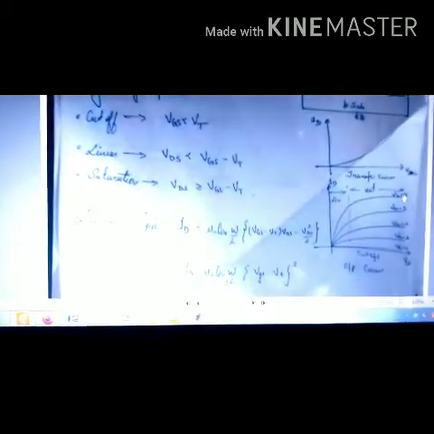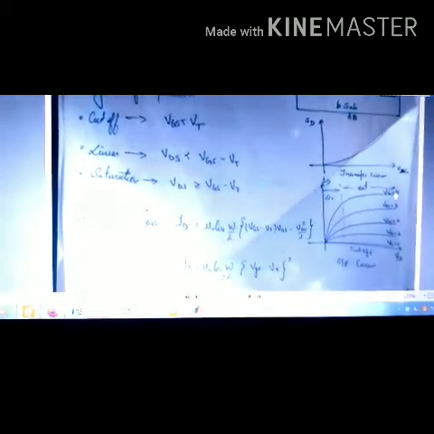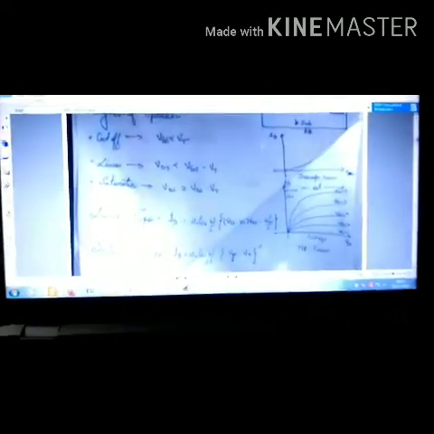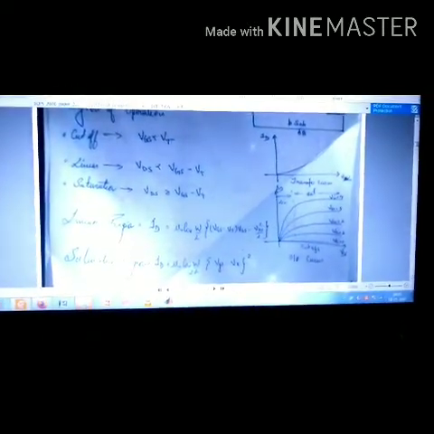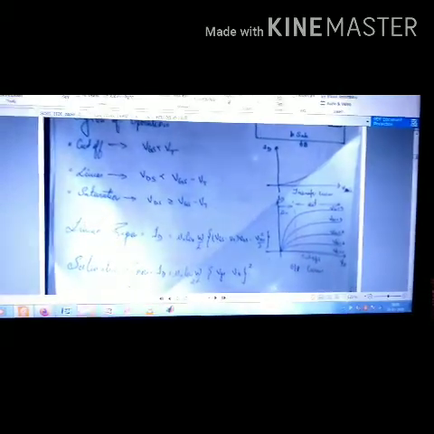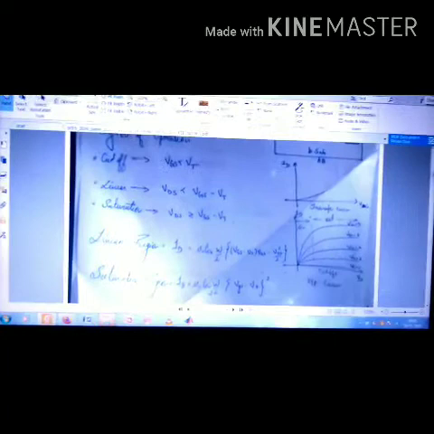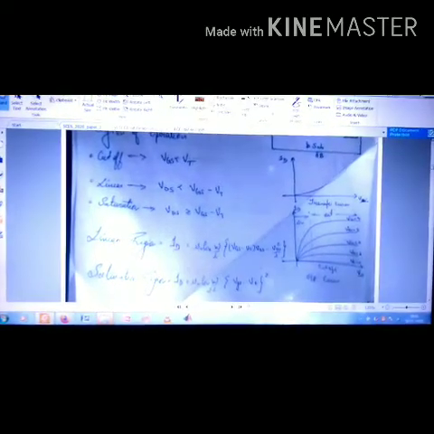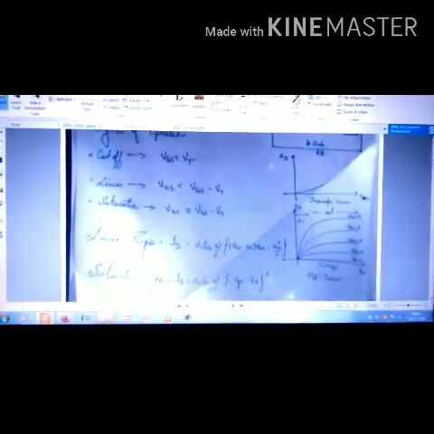Now the other important thing is the current equations in the linear and saturation regions. In the cutoff region no current flows, so ID can be taken directly as 0 or negligible, which accounts for any minority current that is flowing.